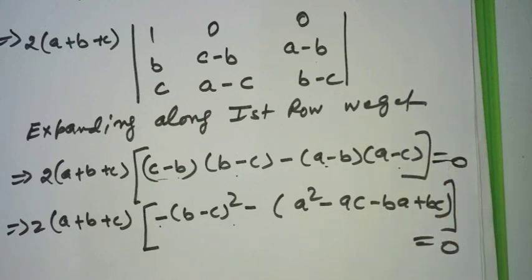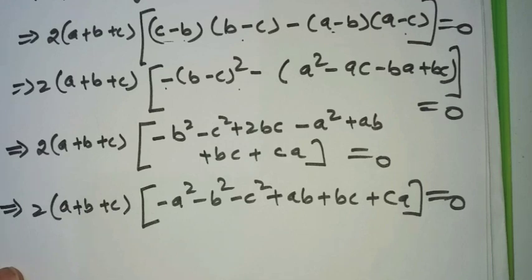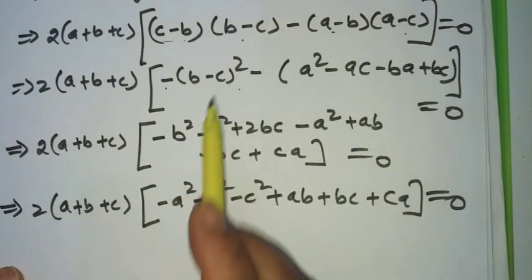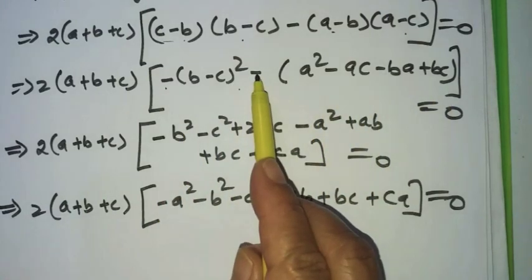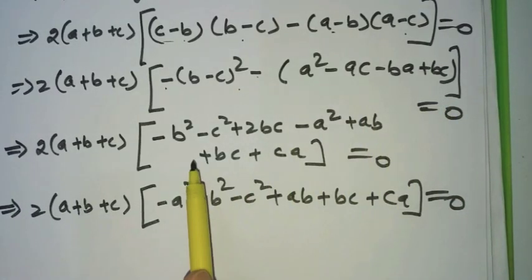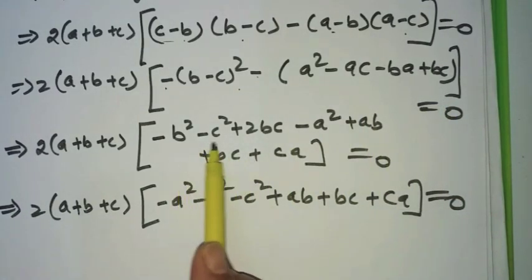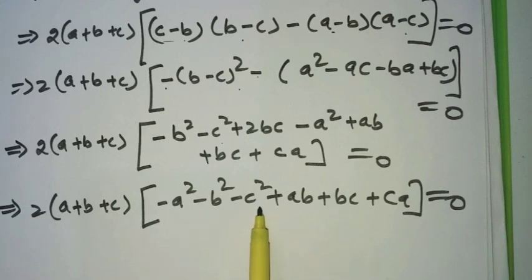We solve it further and we get, expand this whole square, change the sign of all the terms inside the brackets, and then writing b square, c square and a square here, minus a square minus b square minus c square, and writing the rest of the terms 2bc and minus bc and rest of the terms, we get this.